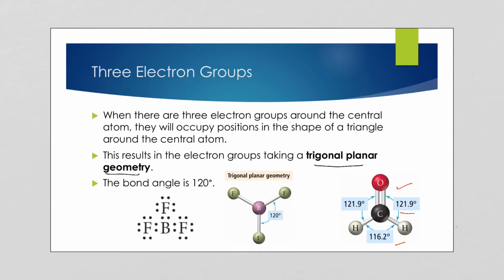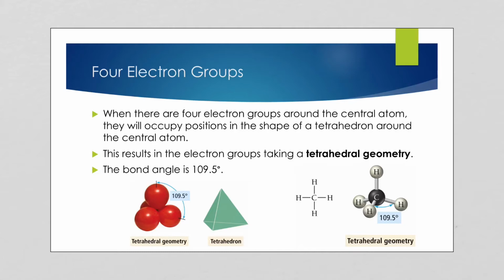Now, let's go on to four electron groups. So 4 electron groups around a central atom occupy the corners of what's called a tetrahedron. A tetrahedron is a geometric shape with 4 corners.